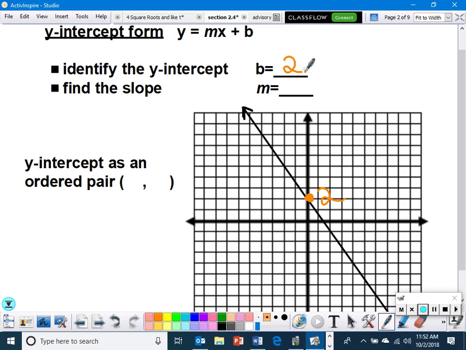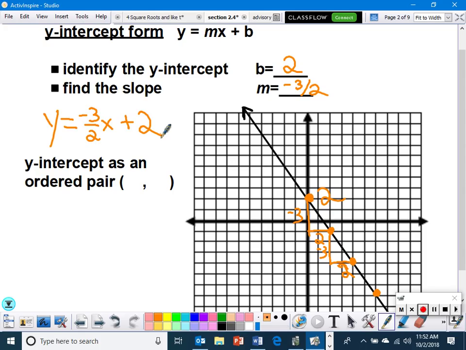So in this case, if I follow the line, it's crossing the grid lines right here, right here, right here. So I see that the pattern is down 3 over 2. So the slope is negative 3 over 2. So our equation is y equals negative 3 over 2x plus 2.